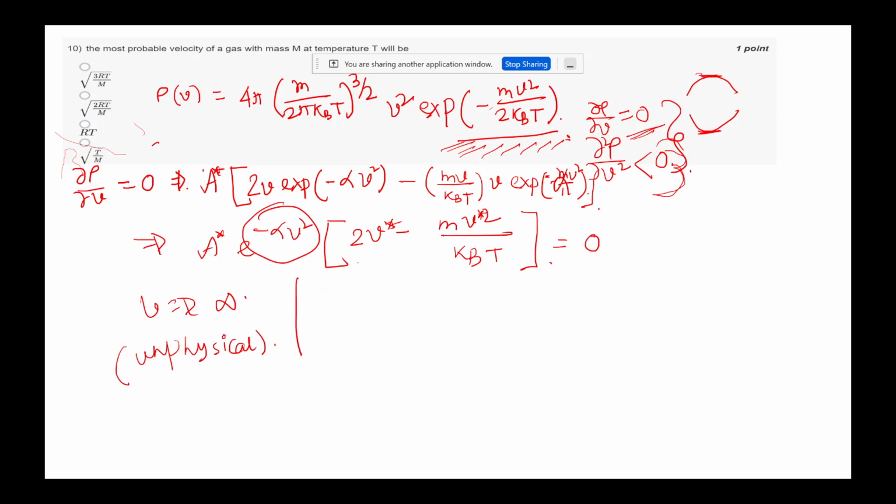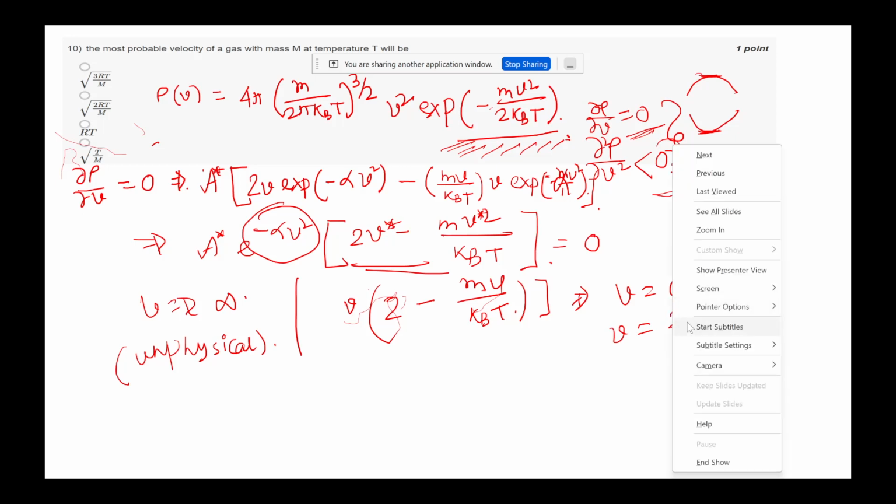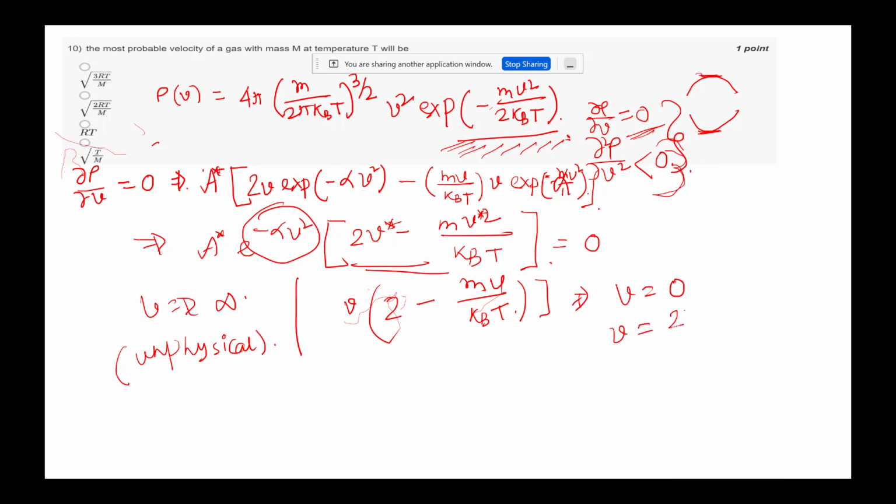Or from this, if we take v common, then 2 minus mv by kBT. So from here we can say v equal to 0, or v equal to 2kBT by m. I have somewhere done wrong.